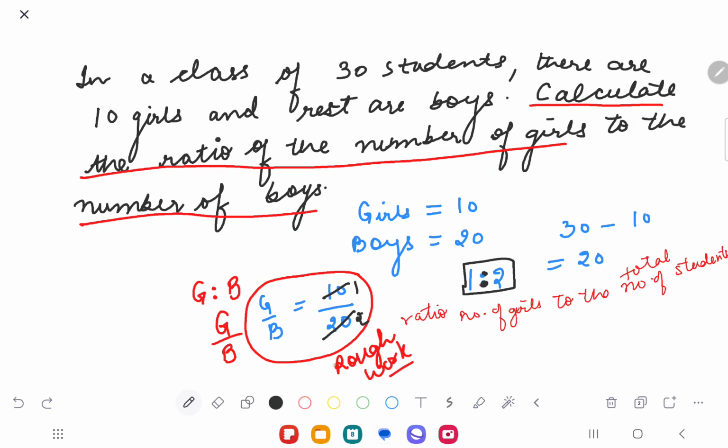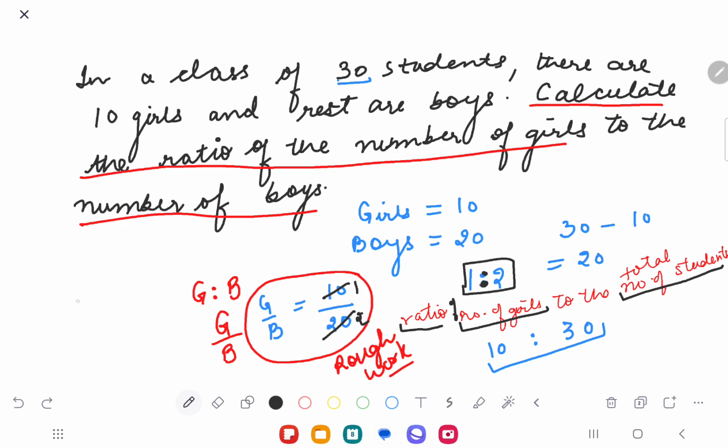The question is saying the ratio of the number of girls to the total number of students. Yes or no, Adam? So it would be meaning what? Total number of girls are 10 and total number of students are 30. So actually, it is asking me to find out the ratio of 10 is to 30.